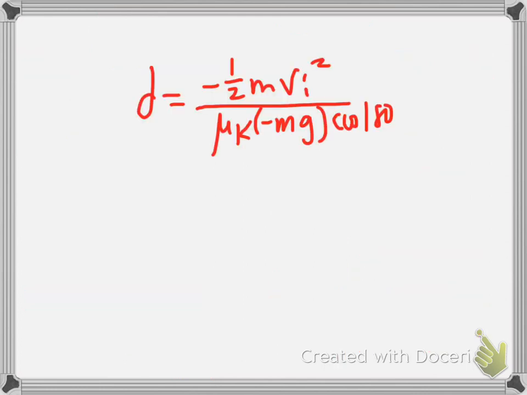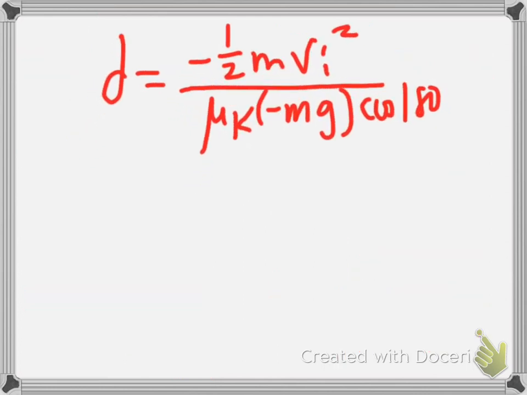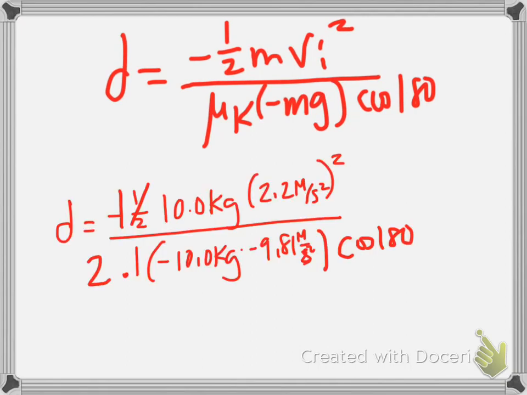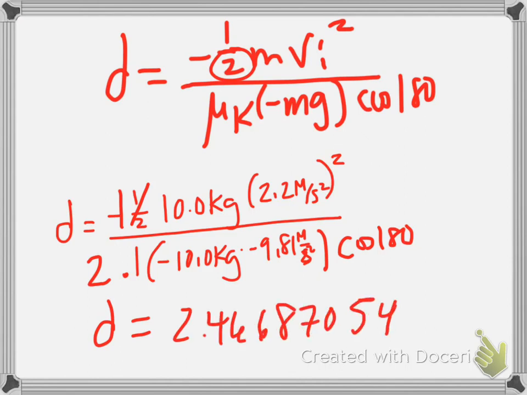Let's take this to the next page, and we'll go ahead and put in our values. You can certainly take this to the bottom, which is what I've done here. Now let's get a raw answer. What do you have for a raw answer? Yeah, 2.466870054, etc. And we get a positive number.